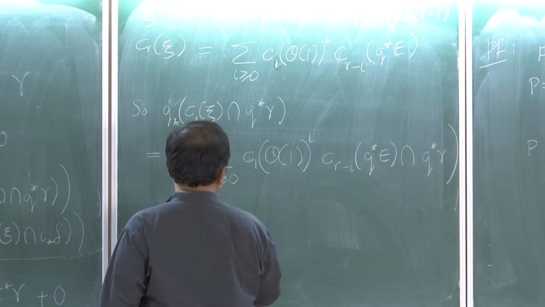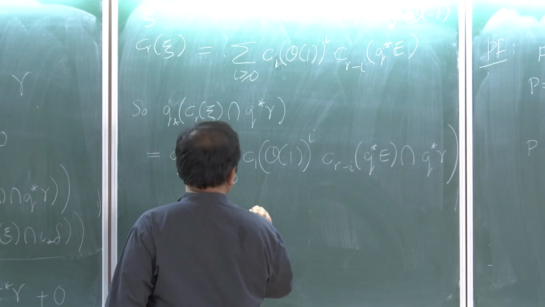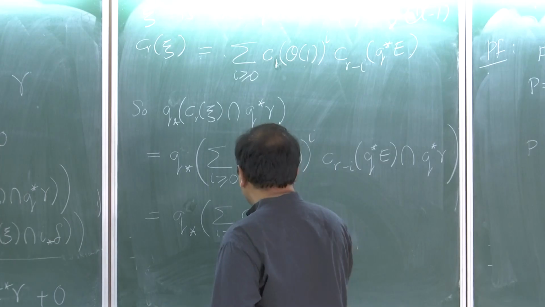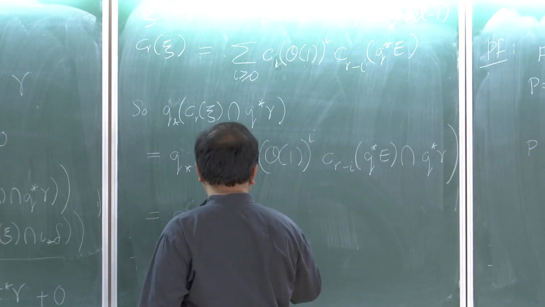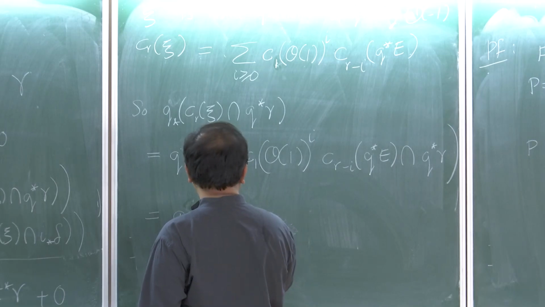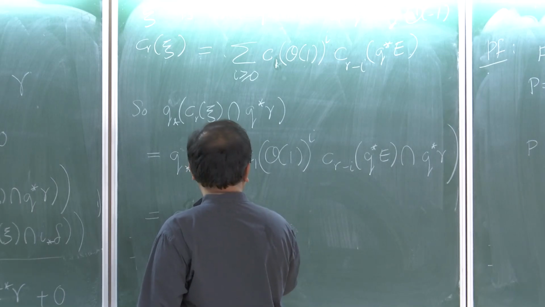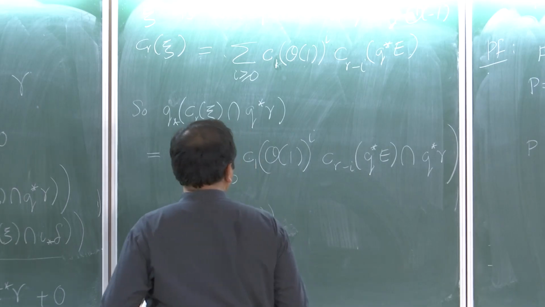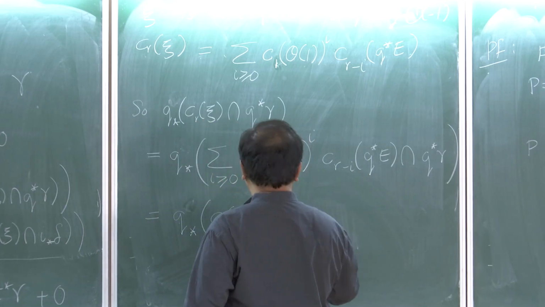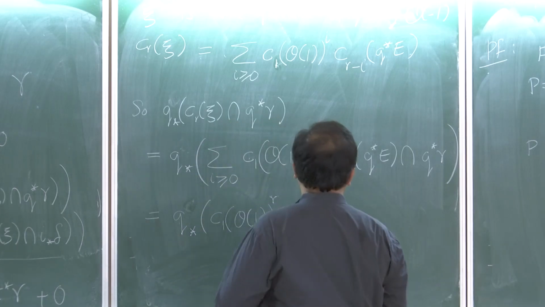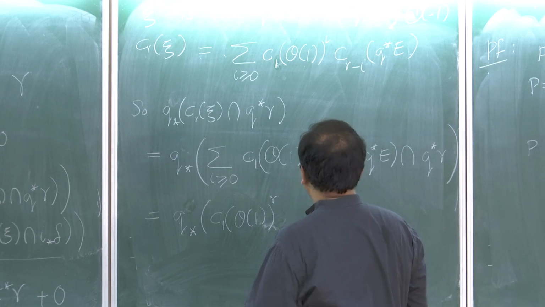So the summation, I greater than or equal to 0, of C1. I will write out these terms separately. What I want to show is that this is equal to C1 O1 to the power R. This sum actually only goes up to R, but it's okay.